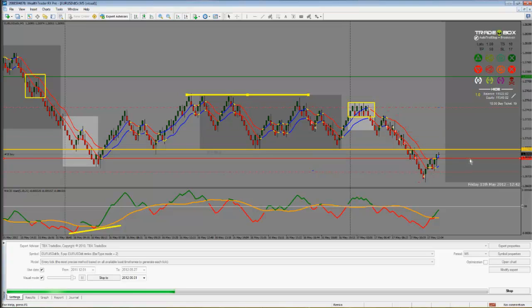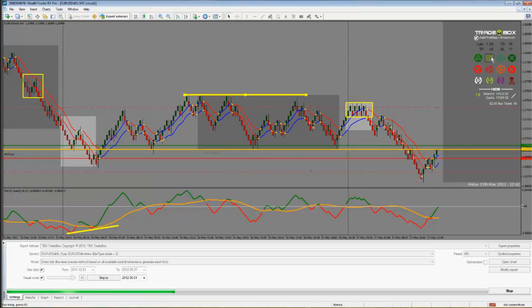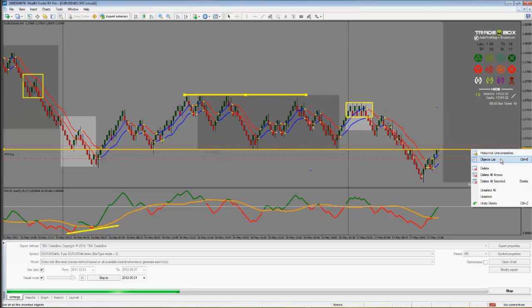Oh, we got stopped out. No, we haven't. Break even and stopped out just above break even.